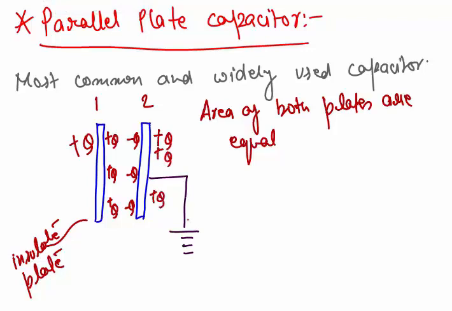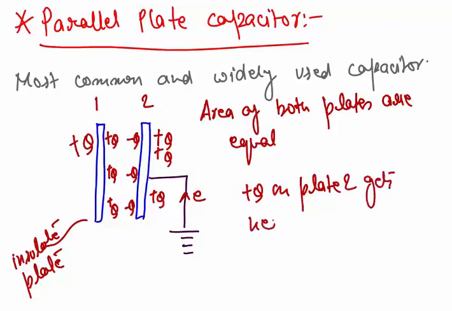And since this is having earthing, the electrons get supplied from the earth and this positive charge is neutralized. The plus Q on plate 2 gets neutralized because of earthing.